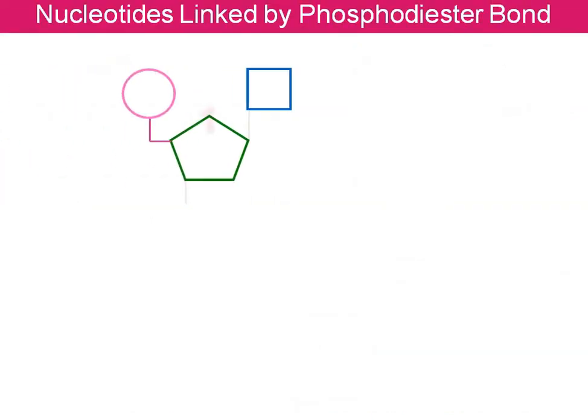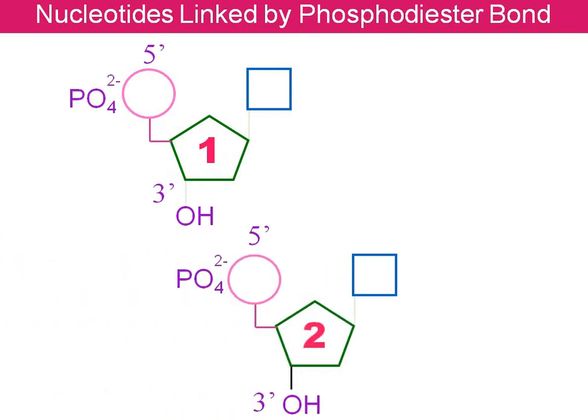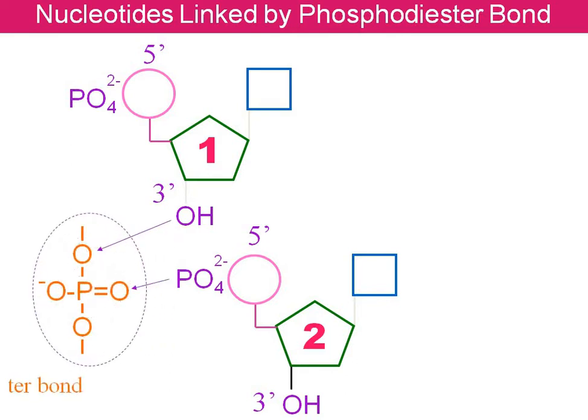Now, one nucleotide and the other nucleotide, the successive nucleotides, they remain attached by a phosphodiester bond established between the fifth position of one nucleotide and the third carbon position of the successive nucleotide. So always there is a phosphodiester bond.